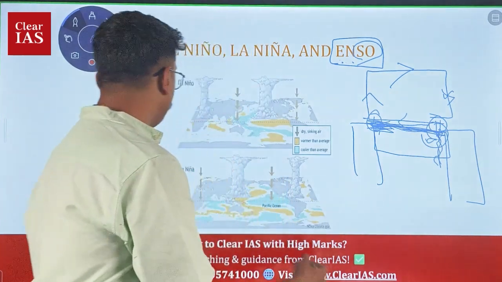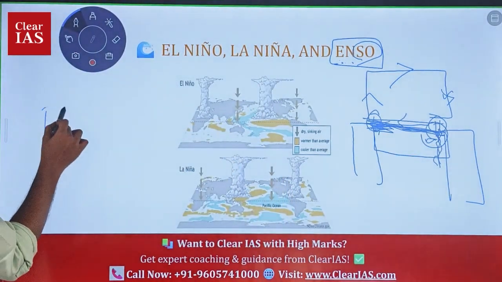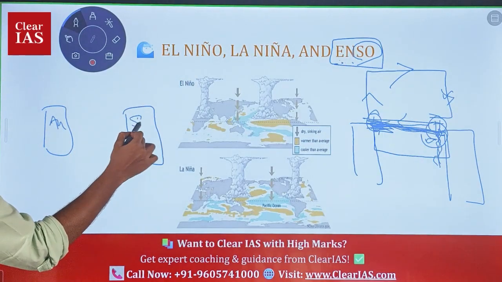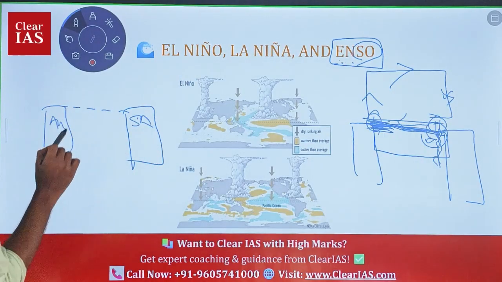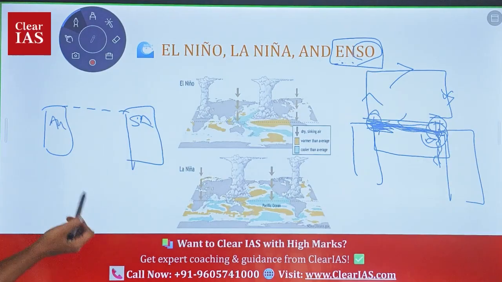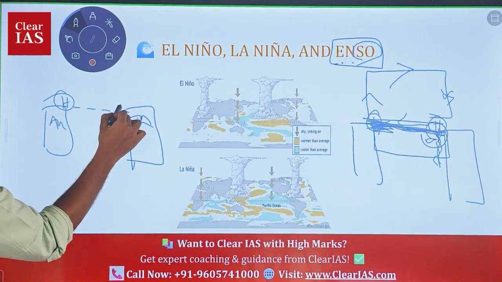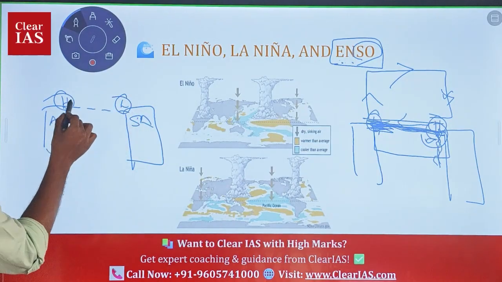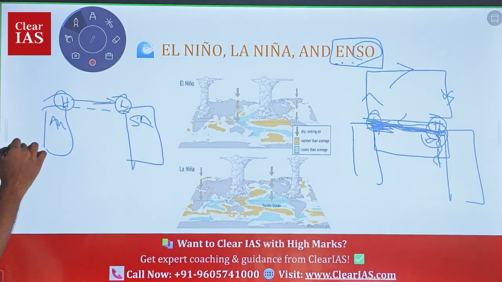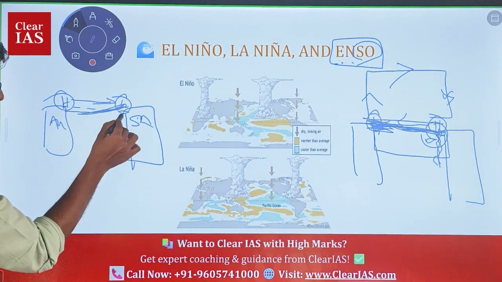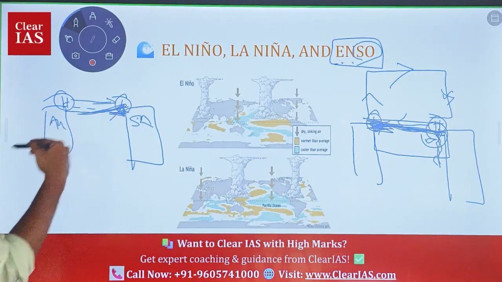Now the El Nino condition, Australia, South America. Opposite condition: where will the high pressure be? Australia. Very good. And where would the low pressure be? Now the wind would blow from here to here, right? So the water will be pushed and would get accumulated near South America.